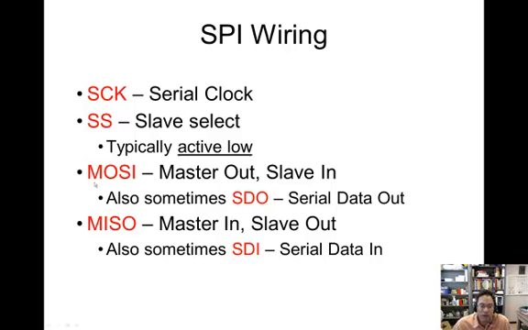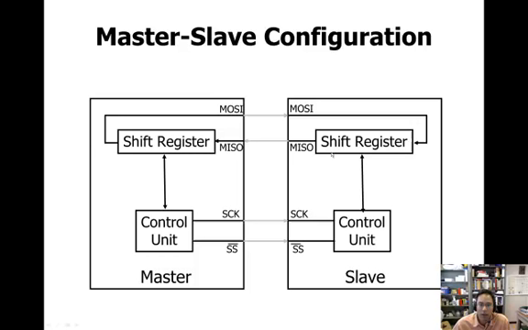As the name says, this is where the master's output is, and this is where a slave is reading from the master. Likewise, there's also MISO, master in, slave out, where the slave is writing out and the master is reading, and this is sometimes called SDI, depending on the device you look at.